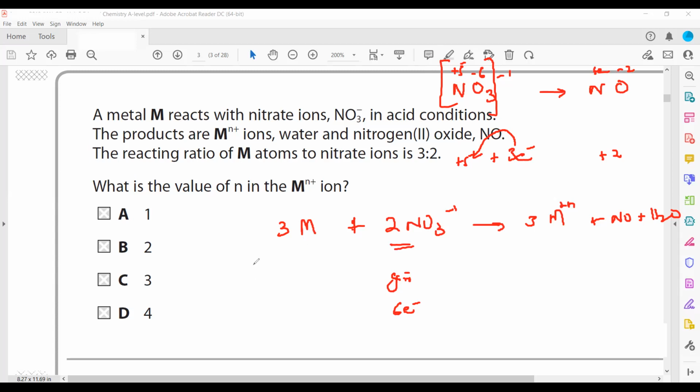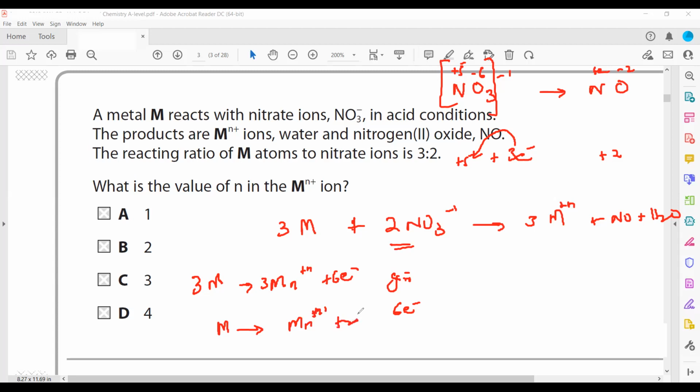So if three metal atoms are losing 6 electrons and turn to ions, one metal atom should lose 2 electrons.